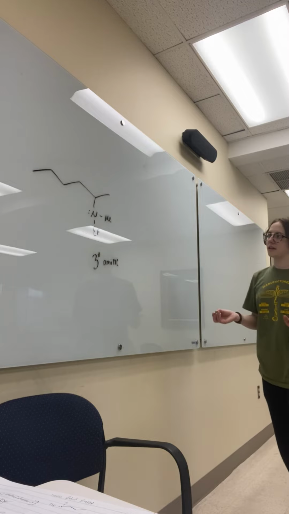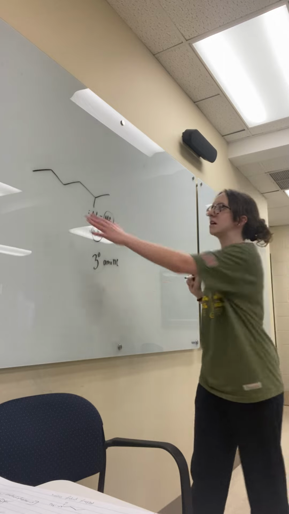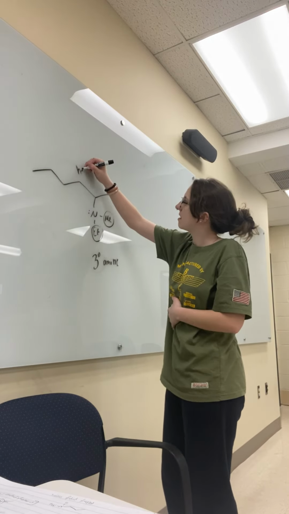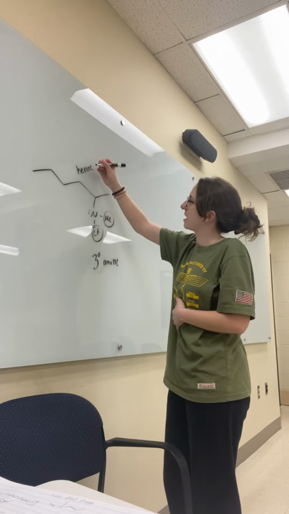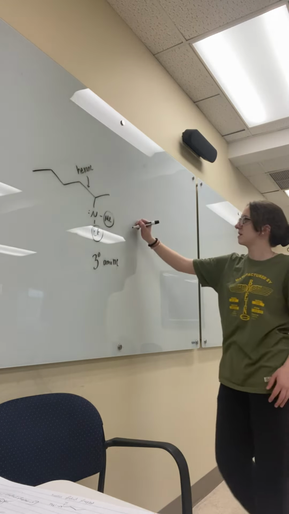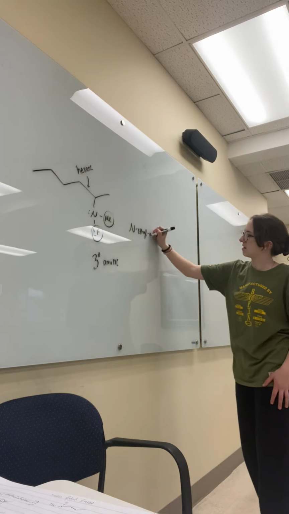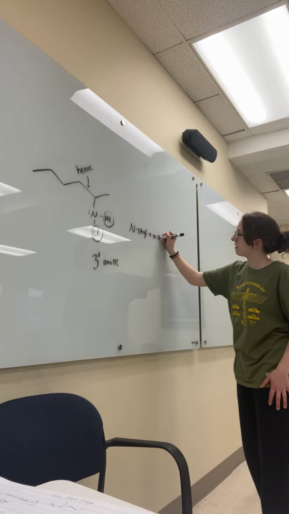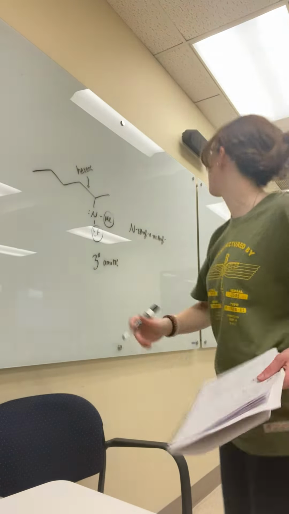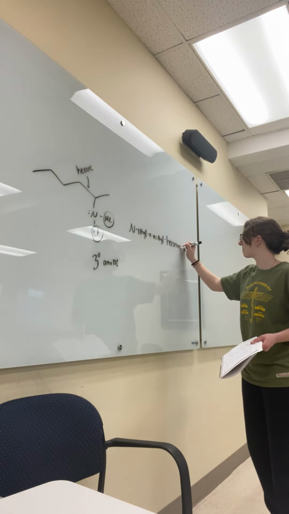Now, if we were to name this, see there's an ethyl here, a methyl here, and then a 1, 2, 3, 4, 5, 6. There's a hexane chain right here. So how I would name this is N-ethyl, N-methyl, and isn't it just, yep, hexanamine.